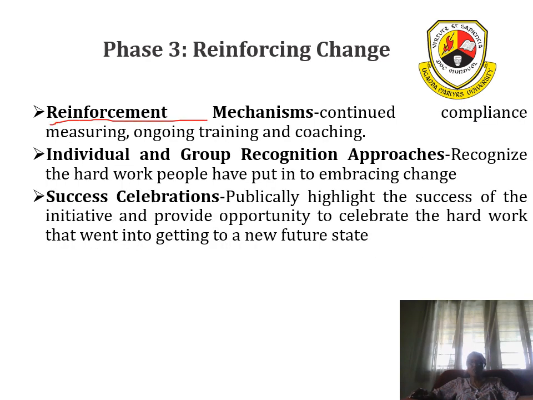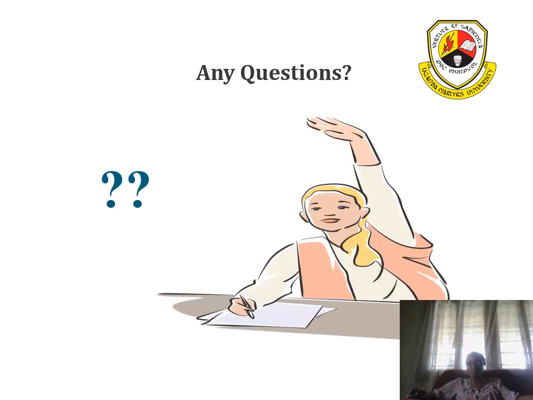It's also at this time when you reinforce. If there's any compliance and ongoing training and coaching, it is at this time that these are reinforced. Individual and group recognition for those who have adopted easily, celebrating any new successes that may have come up.